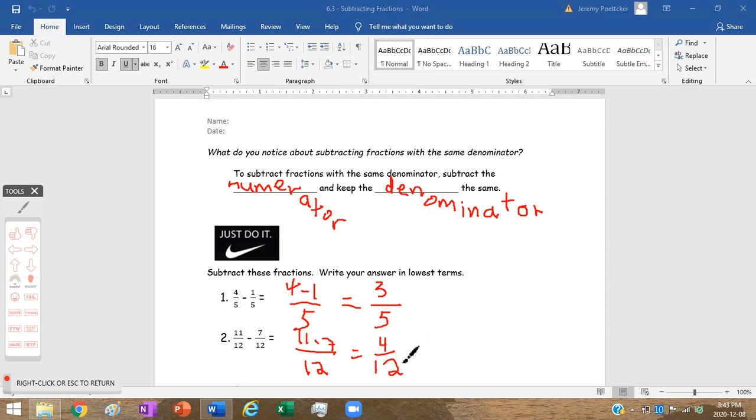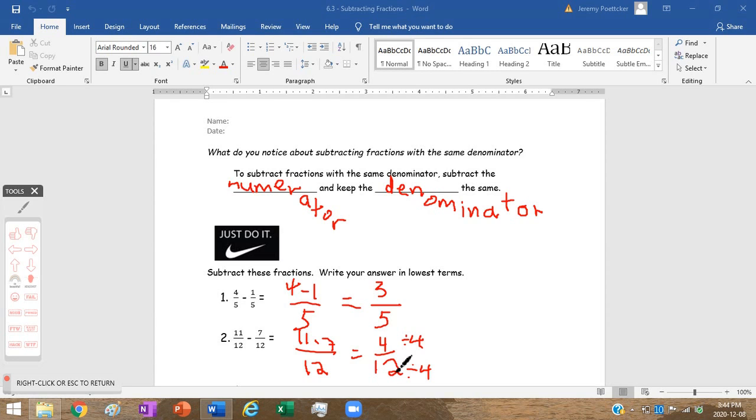And then we go, oh, wait a minute. These are not in lowest terms. They're both even. I could divide them both by 2, but I also look at this and say, 4 is one of the factors of 12. That means I could divide them top and bottom both by 4. Part of this deal with fractions is that people get scared of them. It's usually the simplifying part that people are scared of.